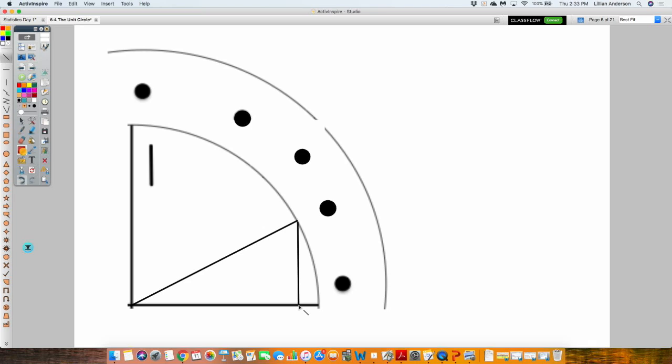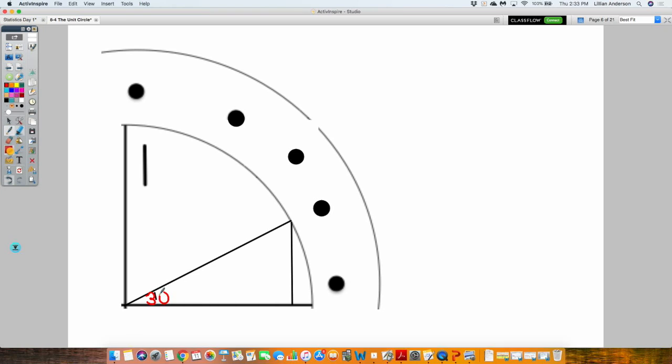So again, it will line up. That first dot is one of the angles on your unit circle. This dot represents one of the angles on the unit circle. And once we get everything in there, you'll have 30 degrees here, 60 degrees, the 90.